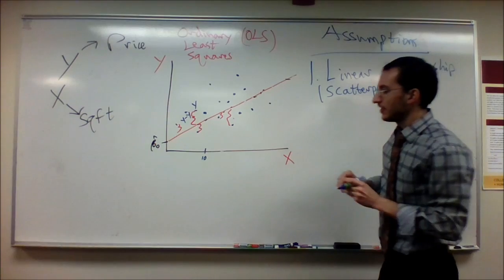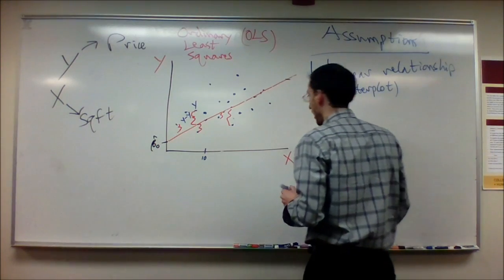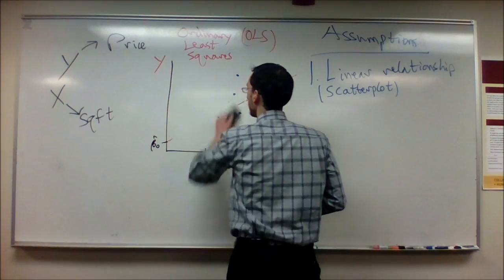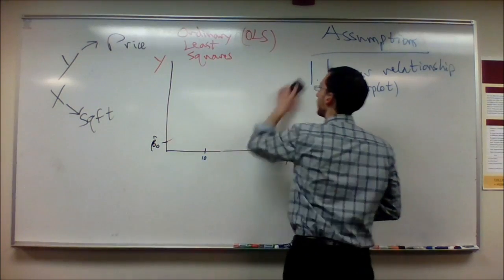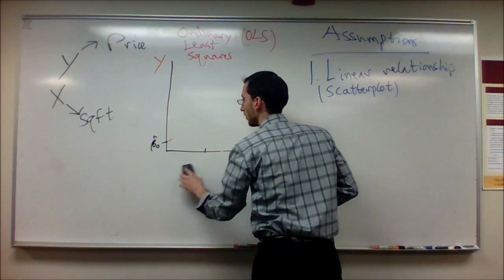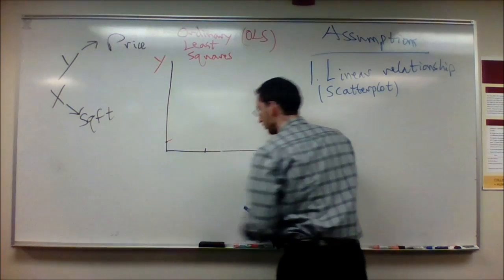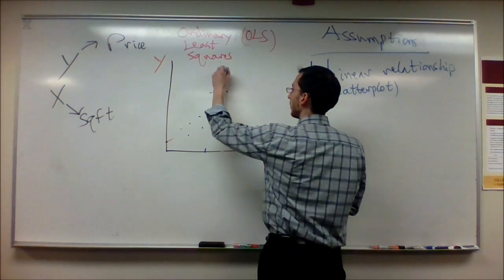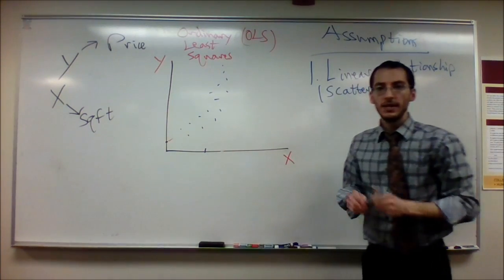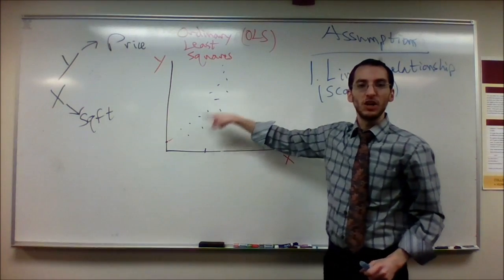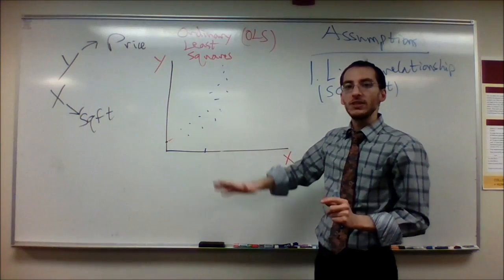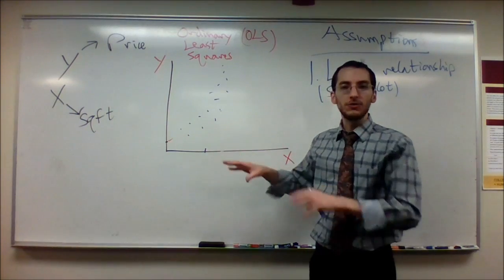And if I see curvature, so I'm going to erase this. So if I have data that looks like this, that looks like it's got a big curve to it, I would not use linear regression without making some kind of transformation.